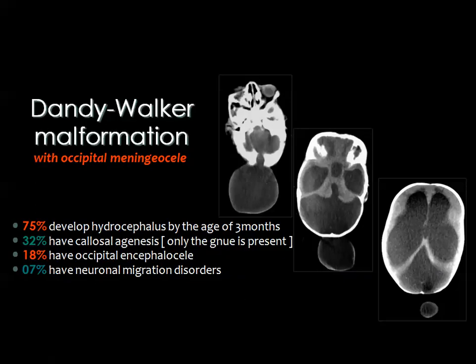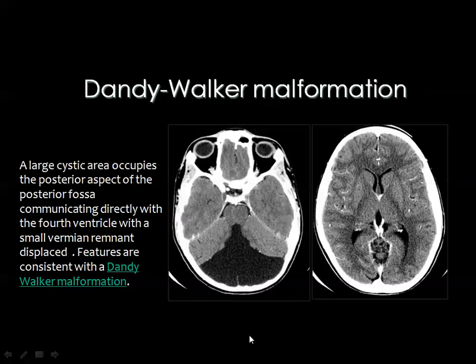I will explain in full details what these disorders are in a separate lecture. Then, as I have mentioned, the presence of supratentorial hydrocephalus is not an essential feature of Dandy-Walker malformation. It is usually present, but sometimes it is not.